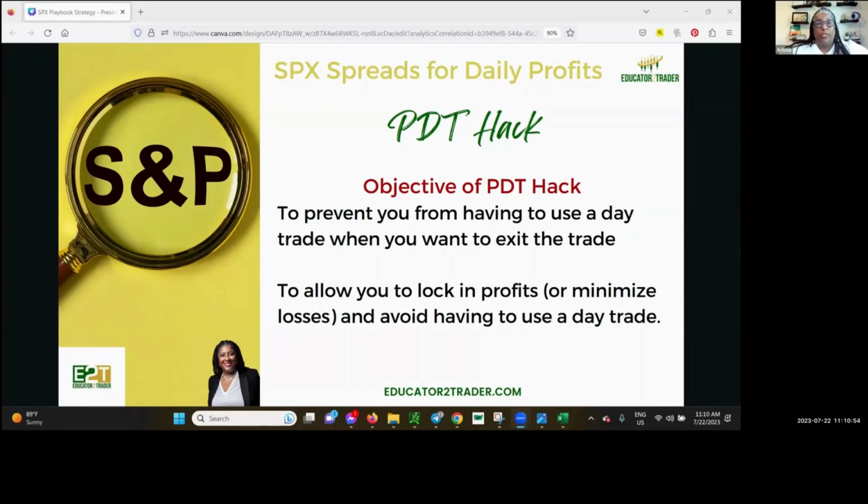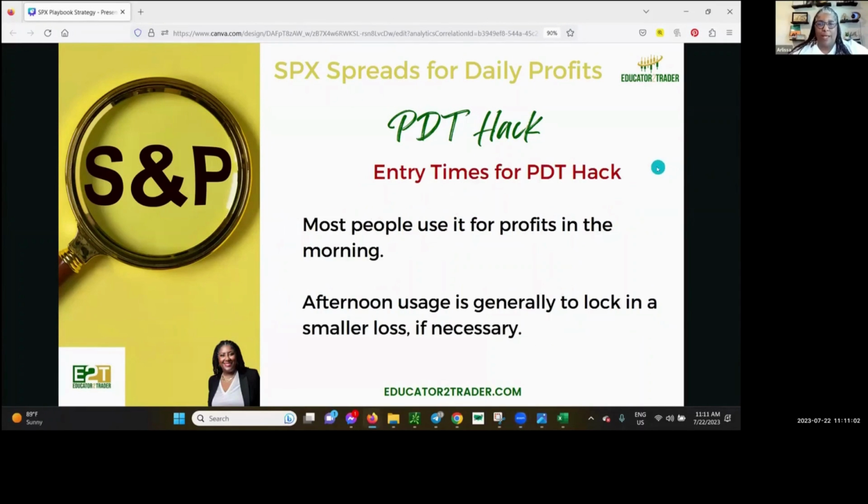So in order to lock in profits or to minimize your losses, we use the PDT hack, and you're saving yourself a day trade. Nobody wants to lose money and lose a day trade. Not if you don't have to. Day trades are harder to come by. And people are now talking about, if you get the pattern day trader designation, that it's not falling off in 90 days like it used to.